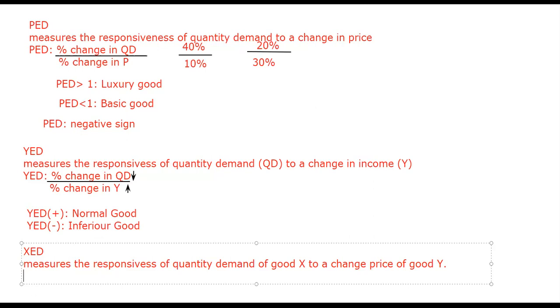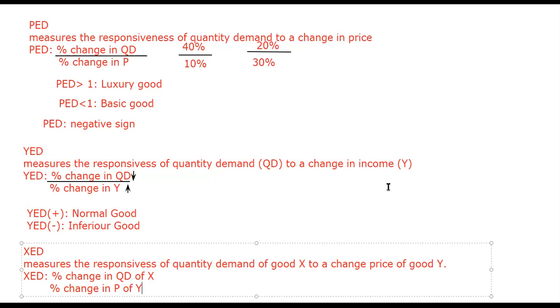XED is equal to the percentage change in QD of good X divided by the percentage change in price of good Y.